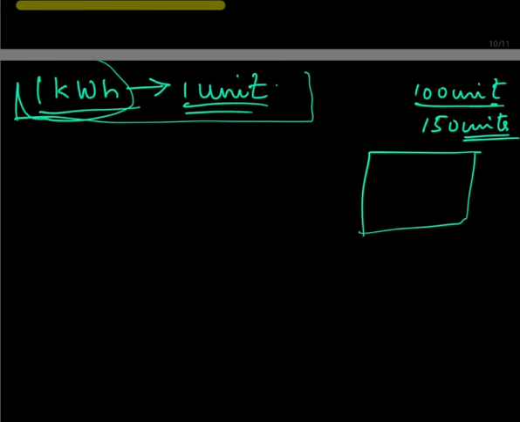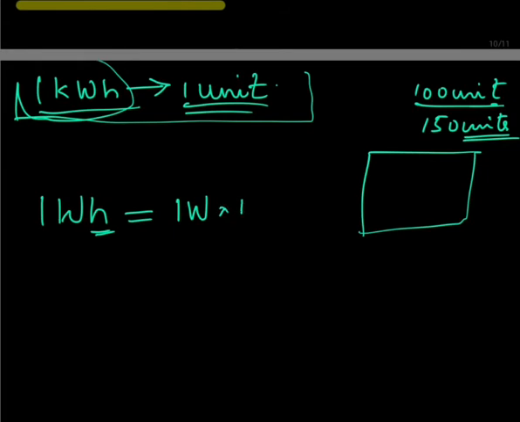Now let us see how we can relate this commercial unit with the SI unit. So 1 watt hour can be converted to SI unit. It is very simple. 1 watt will be 1 watt itself, because the SI unit is also watt, and hour you convert it into second because the SI unit is second.